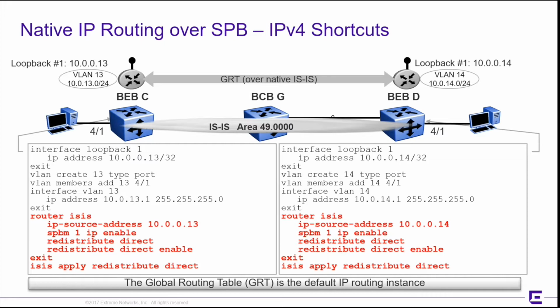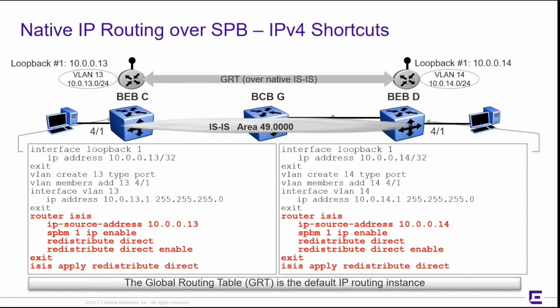So we're mapping, if we want to circle back to our earlier session, the backbone edge bridge is where you map the VLAN to an ISID to advertise in the network. And then we go into router ISIS. We tell it what the source address is.